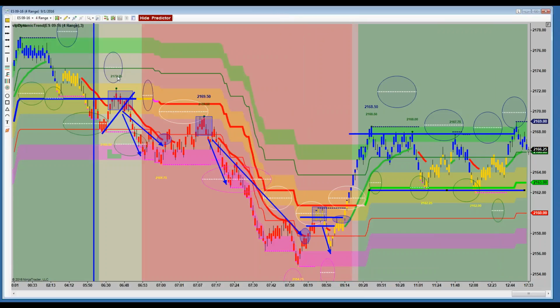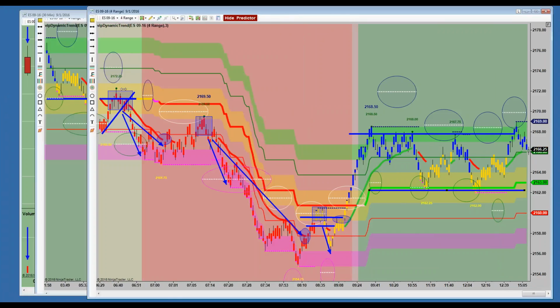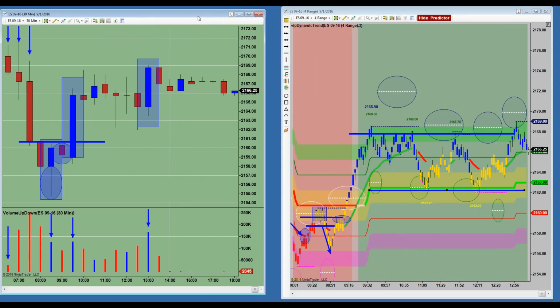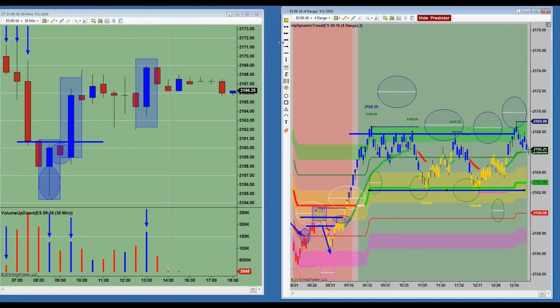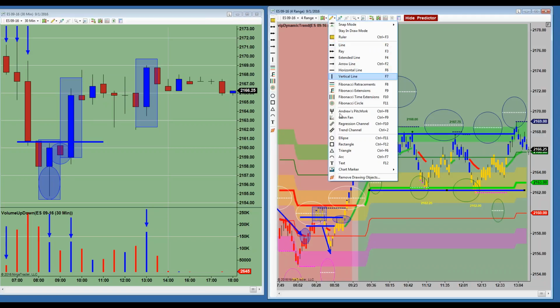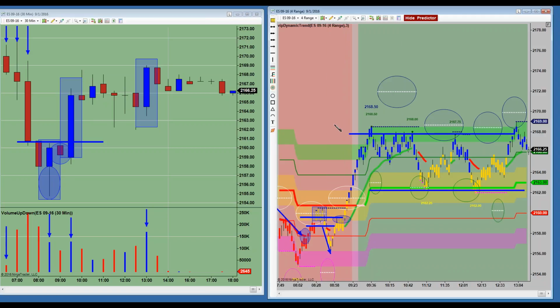Let me see if I can show this somewhat together, and then we'll get on to something else. This huge candle over here to the left is this one right here, is this area right here. This is this. That's the buying that's going on right there.